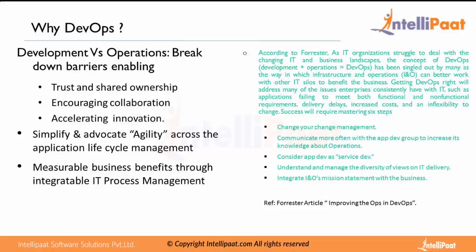The area is in a position to see measurable benefits, improved software product quality, and fast to market is one of the things that is achievable with the implementation of DevOps. So when we say why DevOps, these are the important things that we get with DevOps.